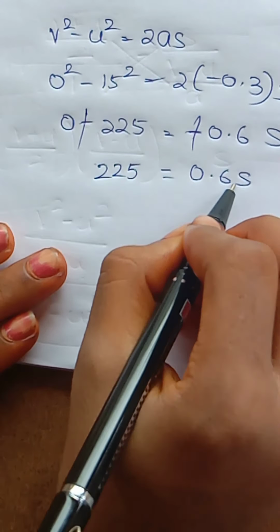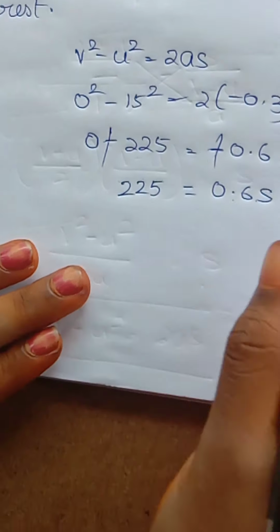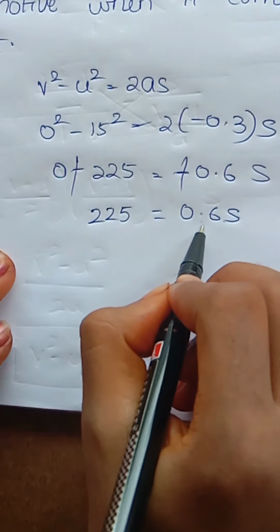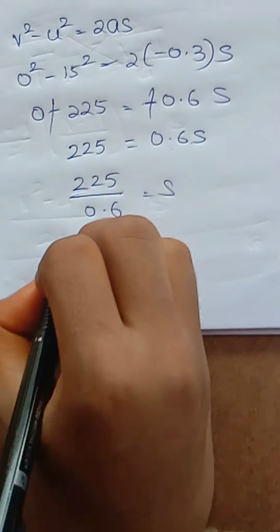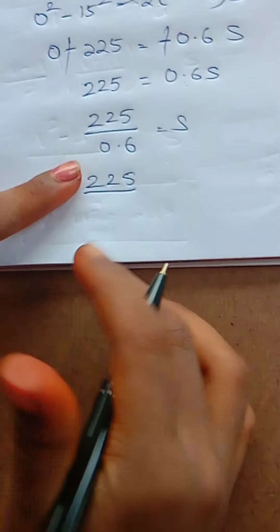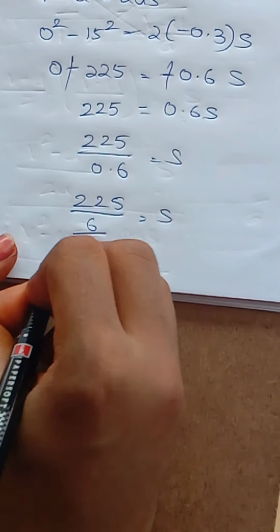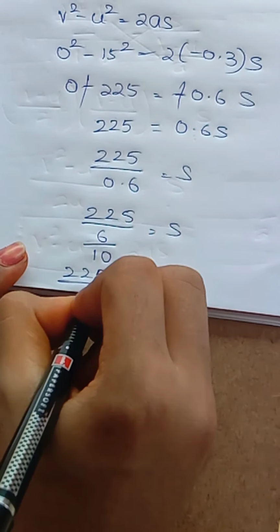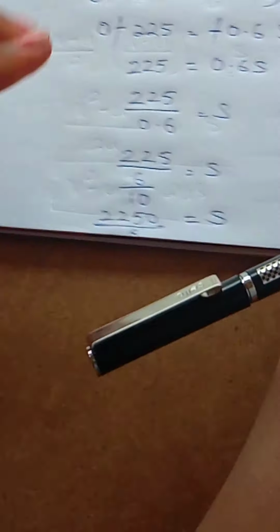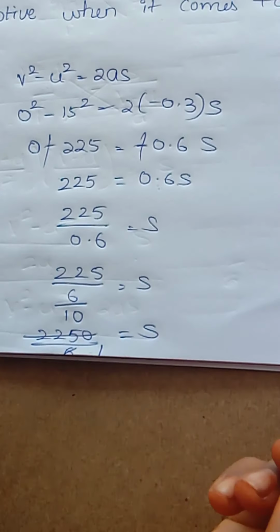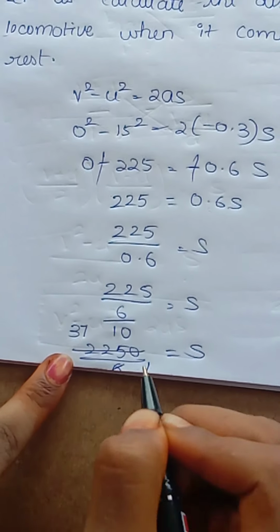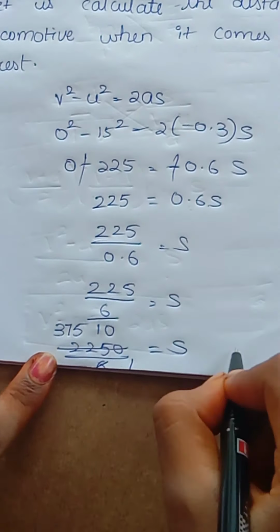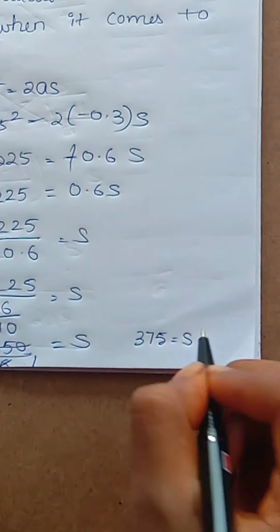Here s is multiplying with 0.6, so 0.6 comes to this side and divides. 225 by 0.6 is 2250 by 6, which is 375. 375 is the distance of the locomotive.